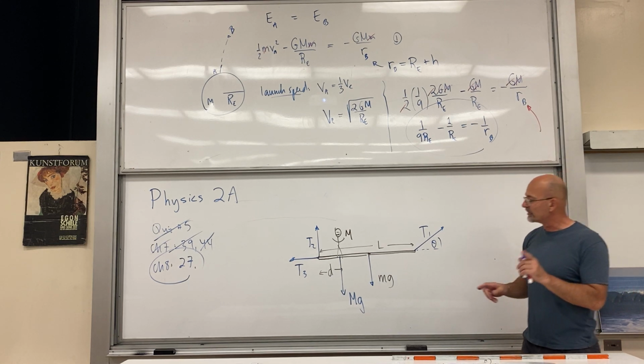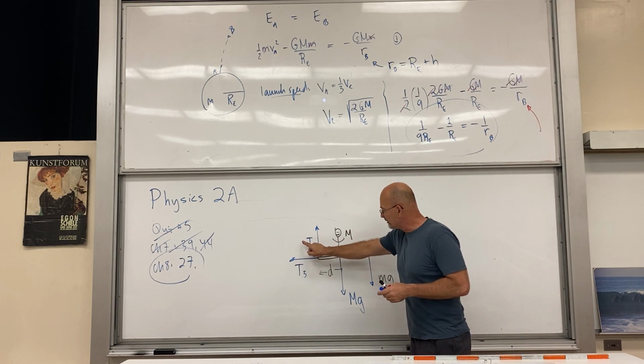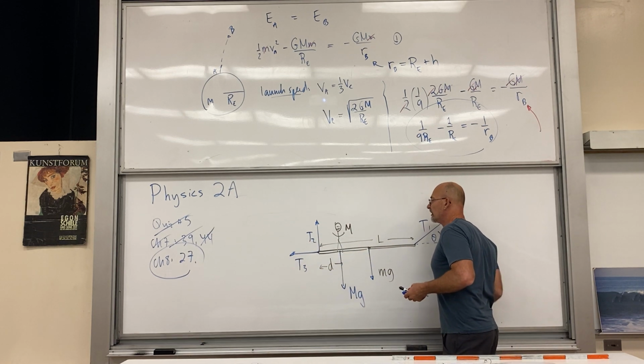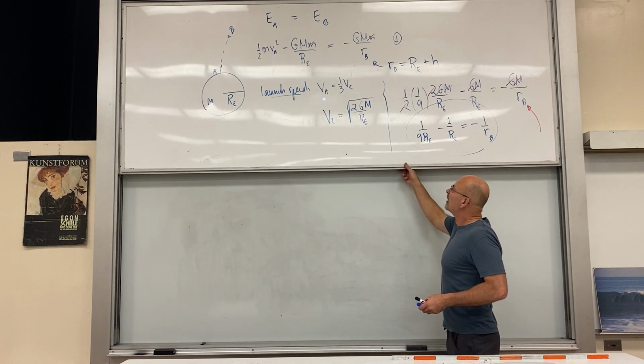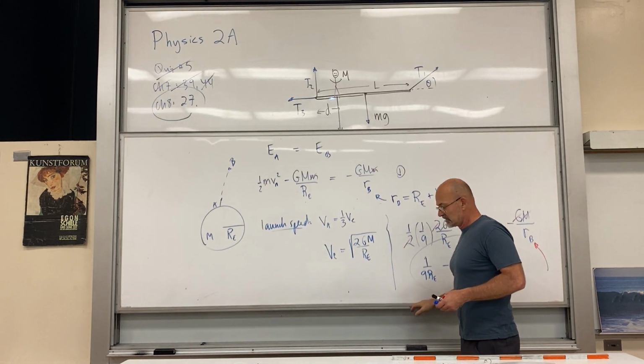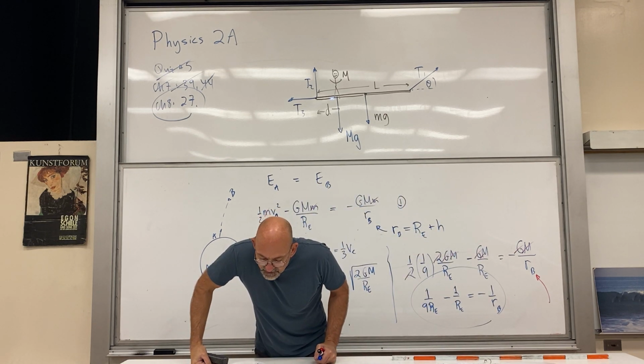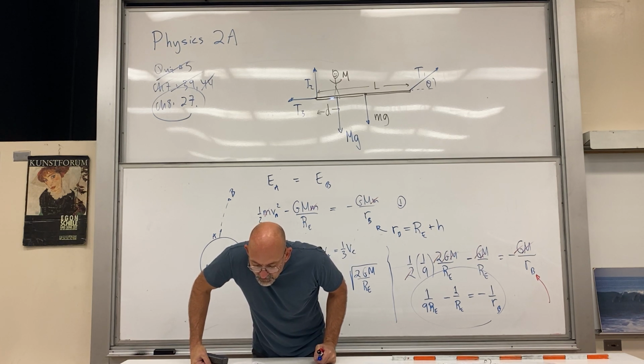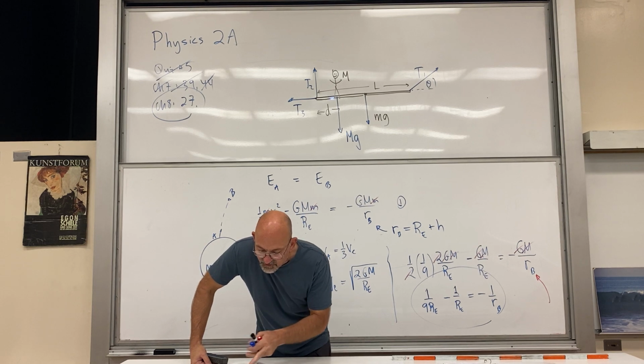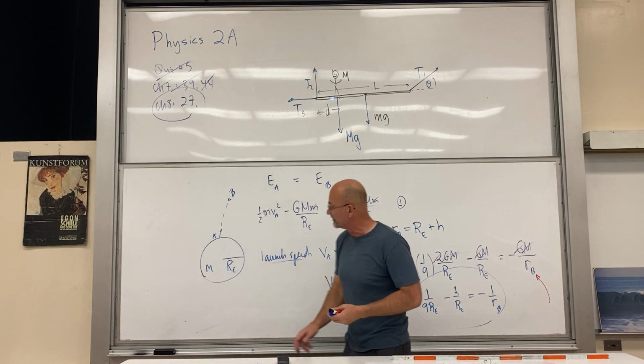We're going to need all 3 equations to solve for these 3 unknown tensions. So once again, what's given is the length of the plank, the distance d, the mass of the plank, and the mass of our person there, or 700 newtons. Okay, so we'll say the mass of that person is given as well as weight, Mg.